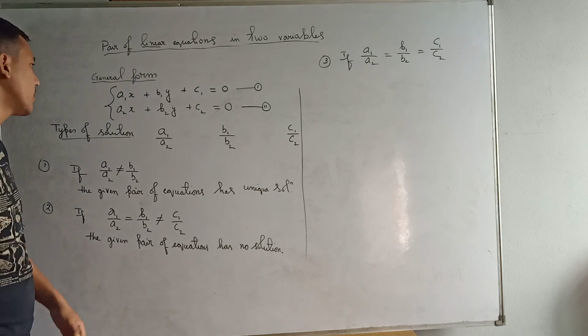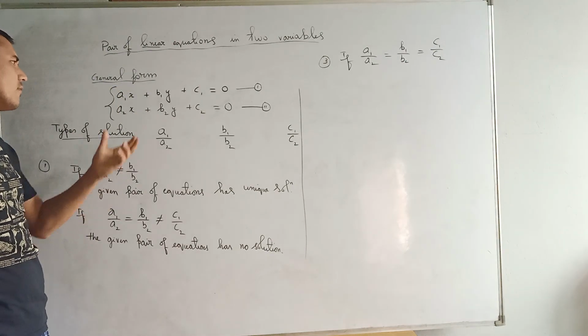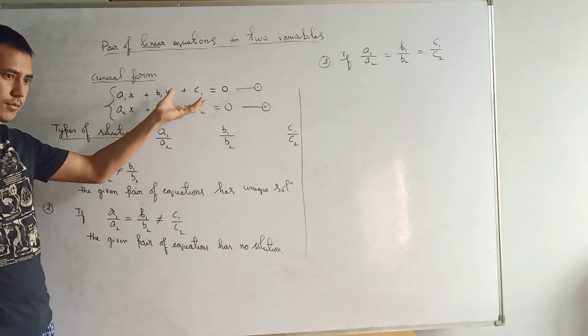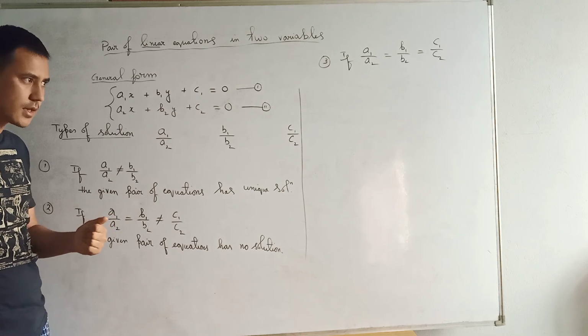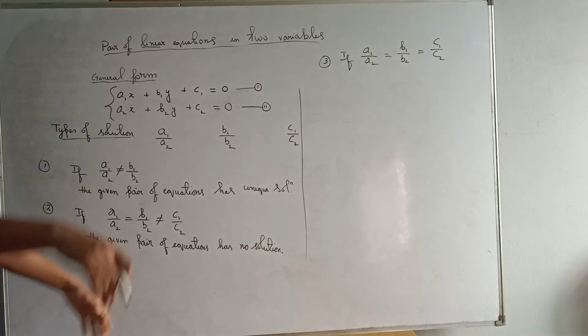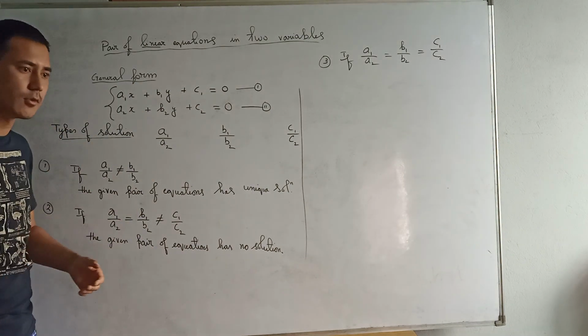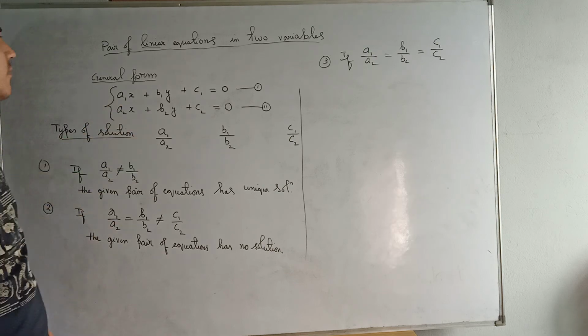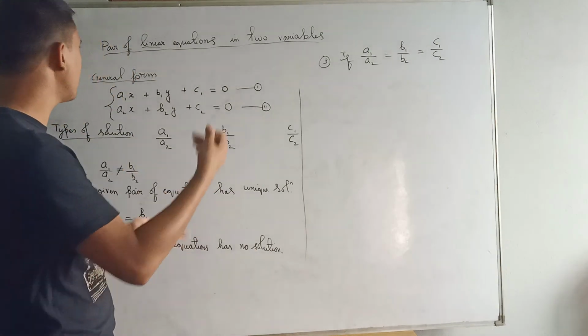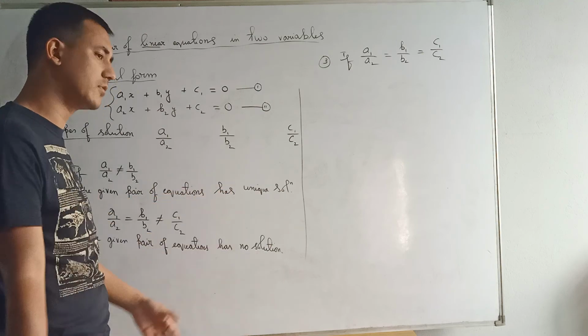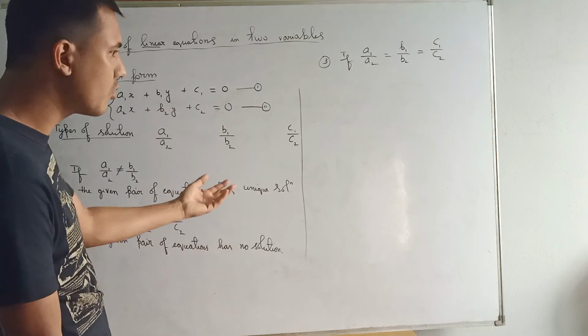That means when we try to find out the value of x and y from this given pair of equations, we'll get so many values of x that we won't be able to count. We'll get so many values of y, okay? We'll get so many solutions that we cannot even count. Okay? Is it okay?